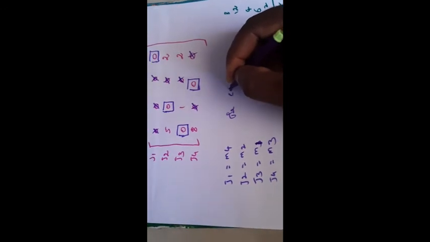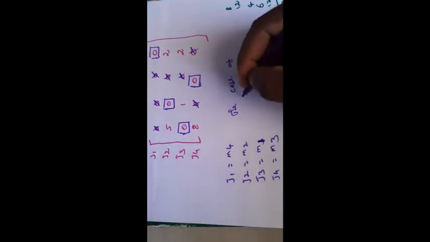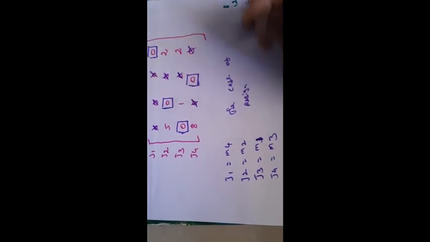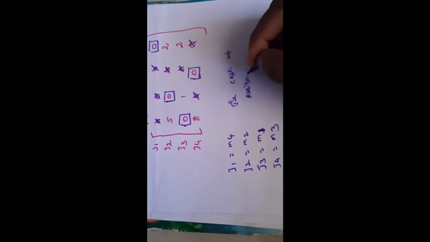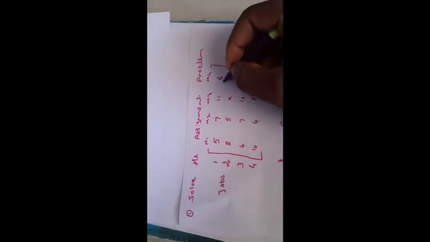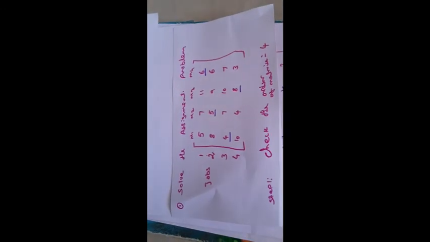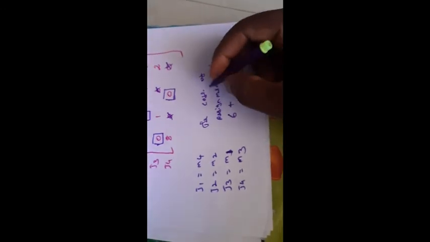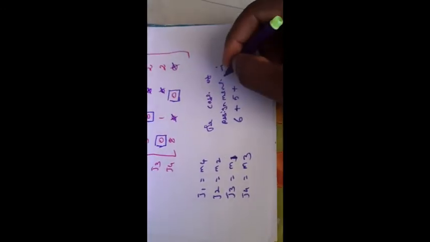The cost of assignment is: the first row M4 has 6, M2 has 5, 4 and 8. 6 plus 5 plus 4 plus 8.